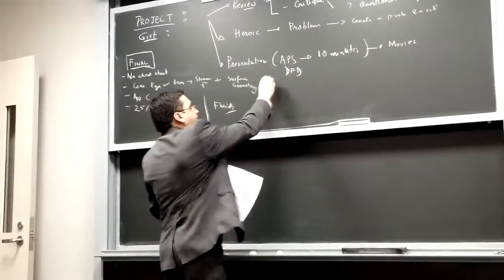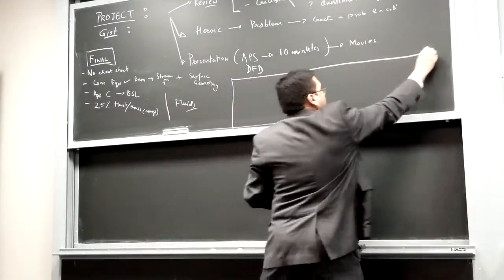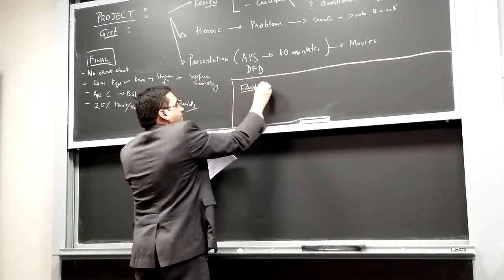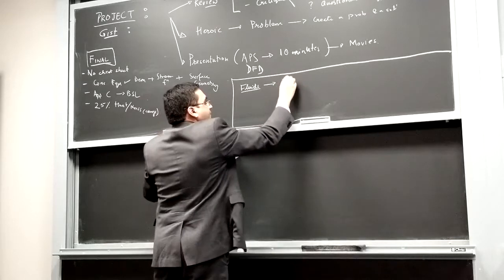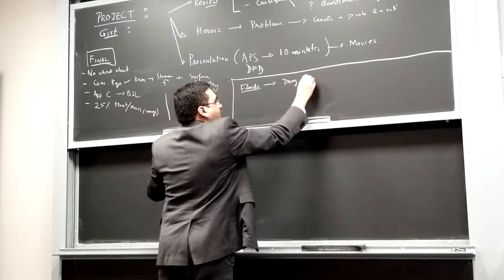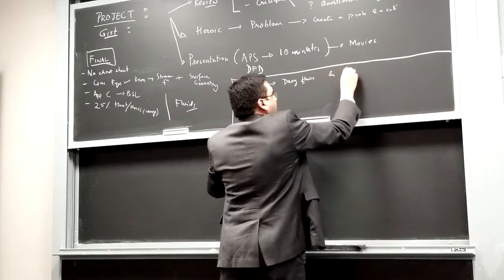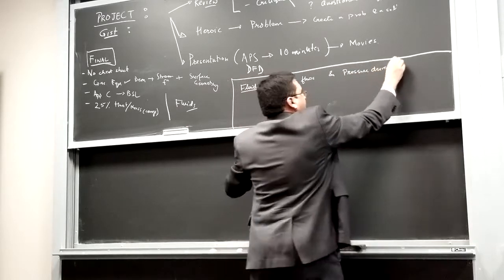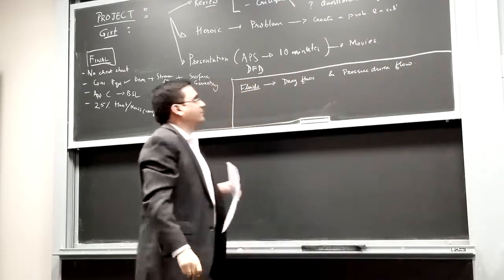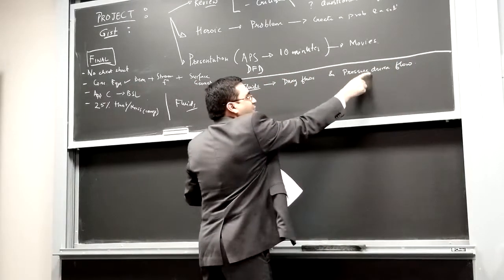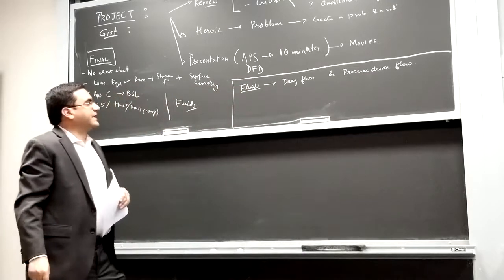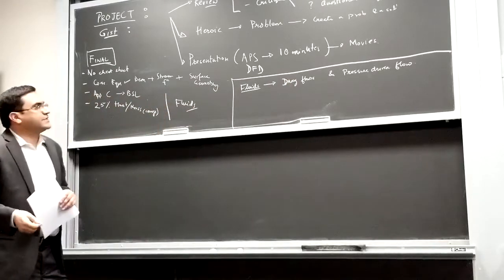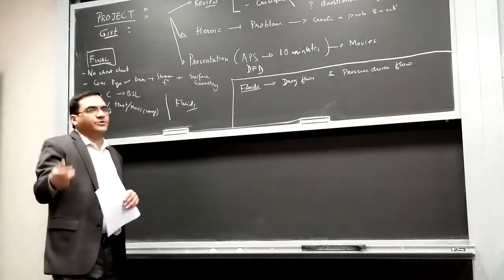So in summary, what we are doing in fluids is a set of problems. We did drag flows and pressure driven flows. These are important because most of the time we are transporting things through pipes, and you need to design chemical plants where you want to understand how much pressure you need, how much flow rate you can get.